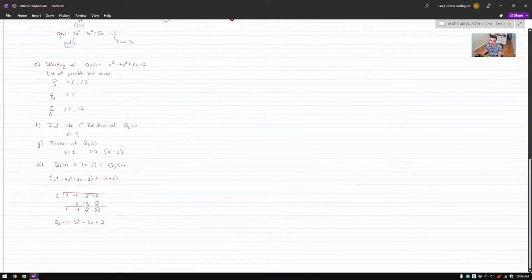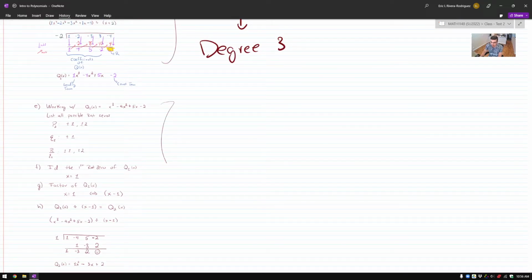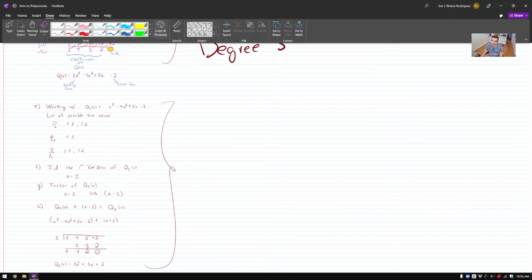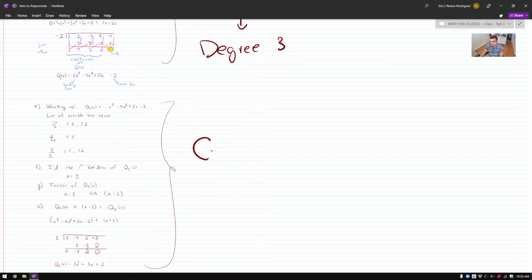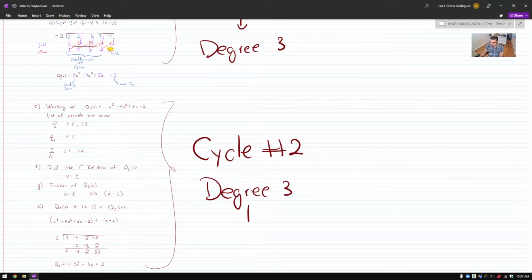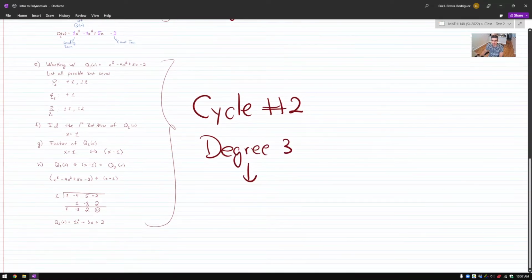I'm zooming out just a moment, because now this is cycle number 2. In cycle number 2, we went from a degree of 3 to a degree of 2, but now I'm going to just call it quadratic.